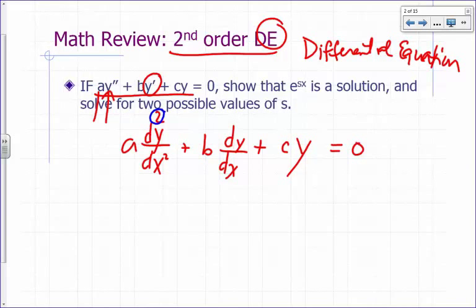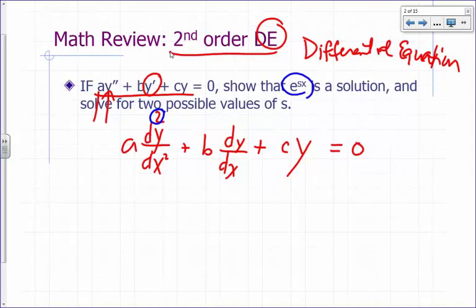So let's take a look at this one. It's a common differential equation you might encounter. Let's show that e to the sx is a solution to this. In other words, if I plug in e to the sx for y, it will obey this equation.